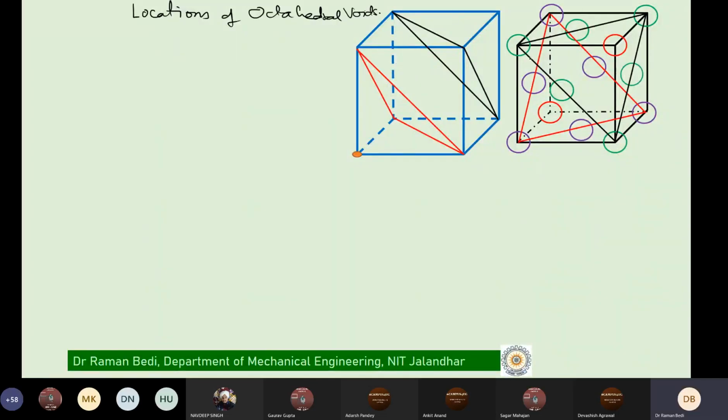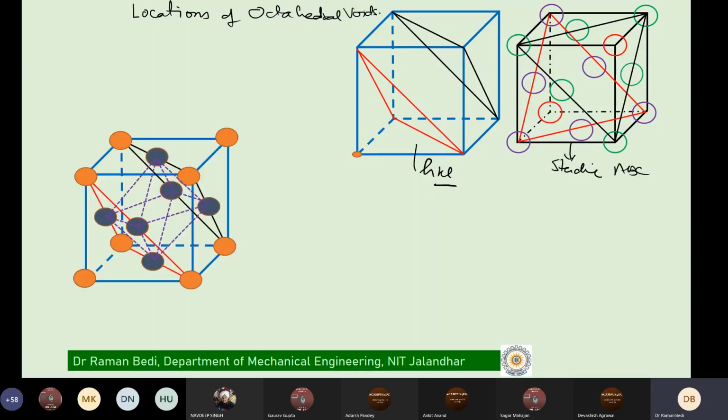So when we talk about the other locations of the octahedral voids, again I use the same figure here. I used it for understanding the stacking sequence A, B, C in the h, k and l.